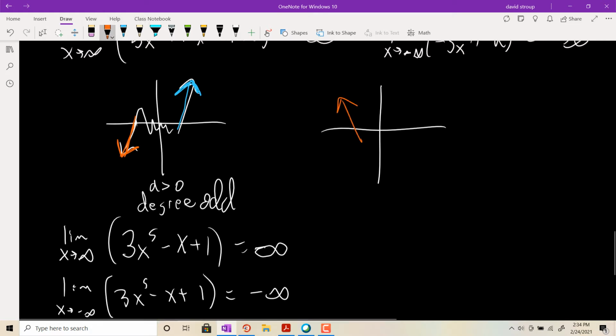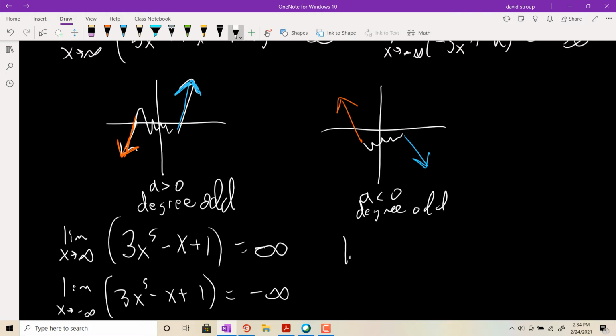If you have a negative leading coefficient, it's just going to flip the behavior. So then it will come out towards the bottom, and this is the case when the leading coefficient is negative, but the degree is odd.